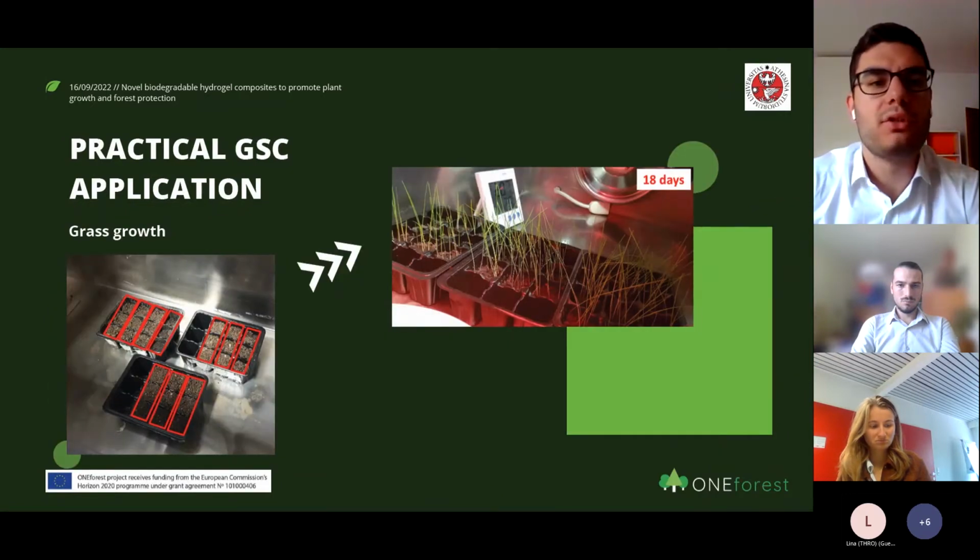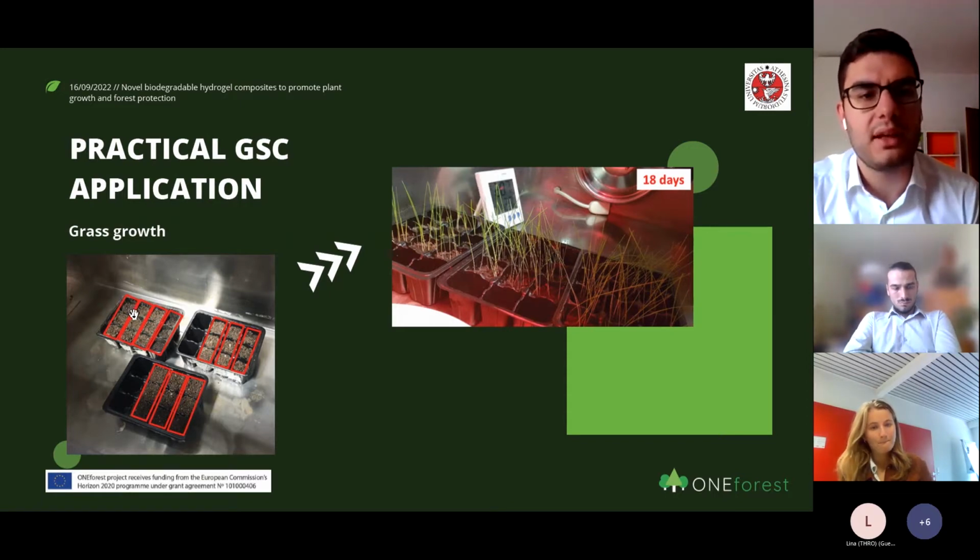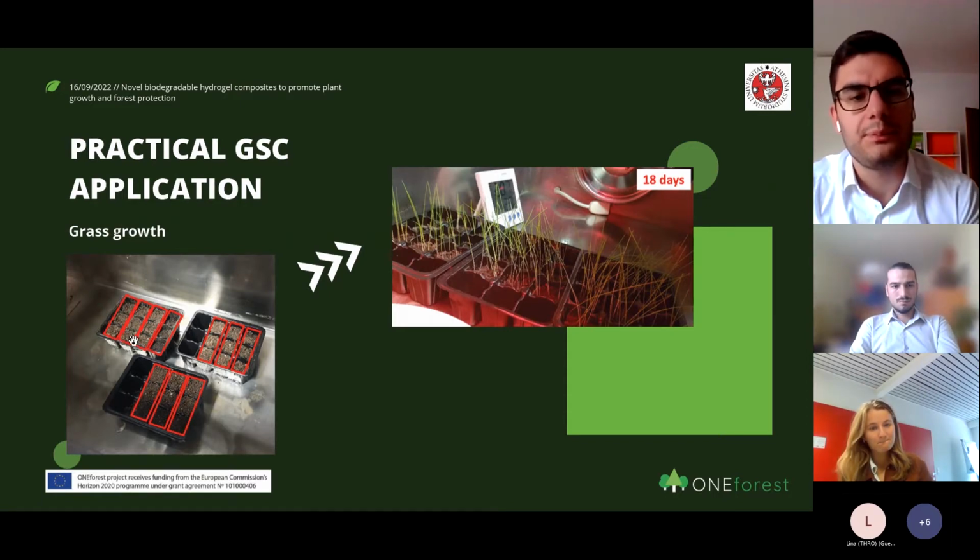And now I will show you another experiment, instead, for the second task, which is the soil conditioner. In this case, we evaluated the growth of grass. In particular, we prepared different compositions of the soil conditioner, changing the ingredients, and we mixed the soil conditioner with a particular soil.